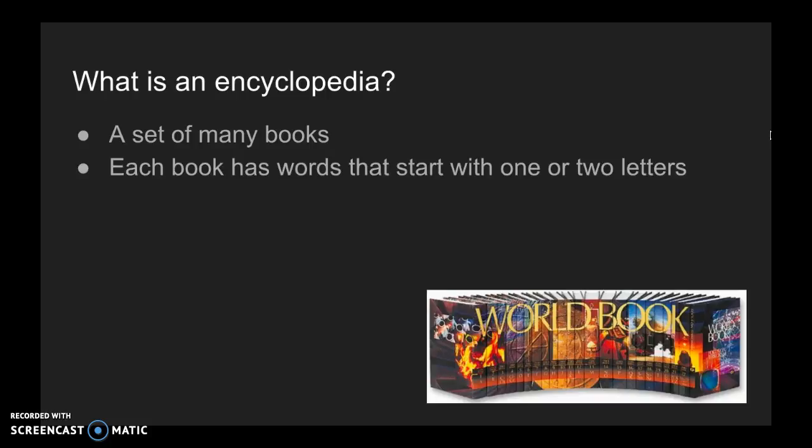In an encyclopedia set, each book has words that start with one or two letters. So, for example, the first book in this set only has words that start with the letter A. The second book in the set only has words that start with the letter B, and so on.